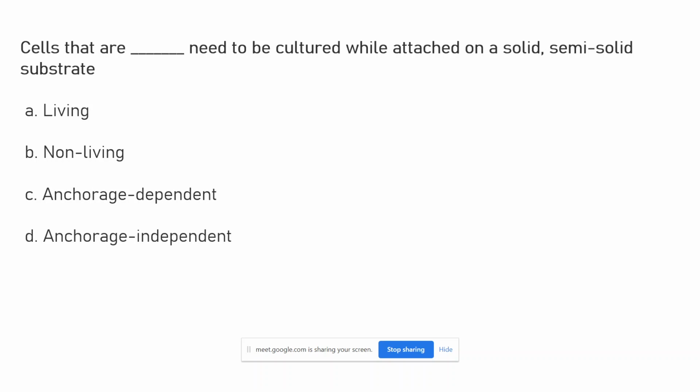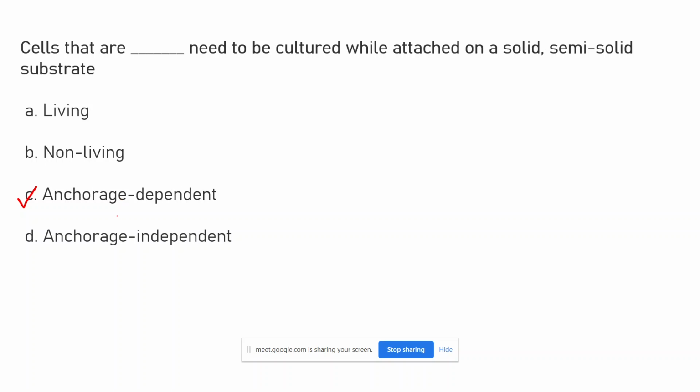There are 4 options. The first option is living, the second is non-living, the third is anchorage dependent, and the fourth is anchorage independent. There is a very strong clue in the question itself: anything that is going to be attached to some substrate is going to anchor itself to something. So the correct answer here will be C, anchorage dependent.